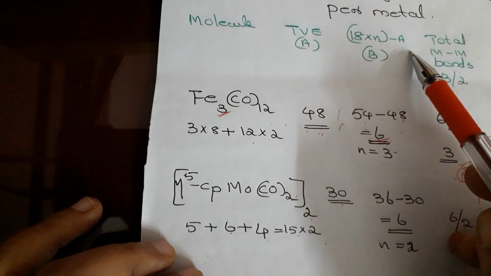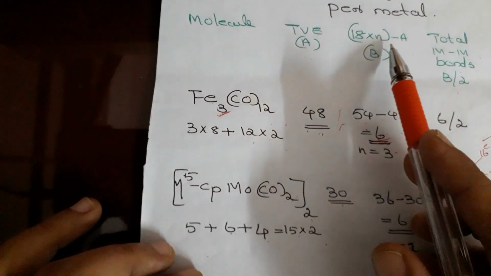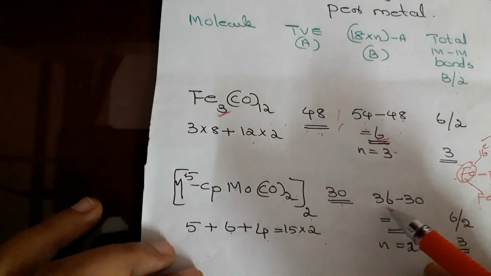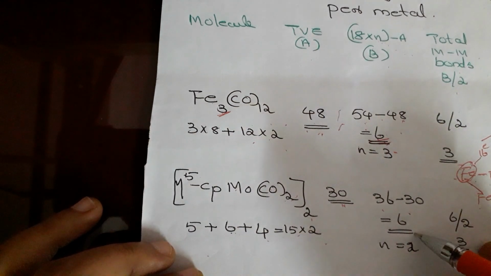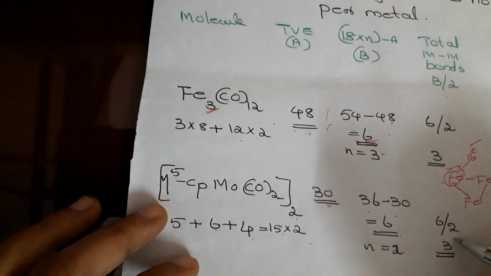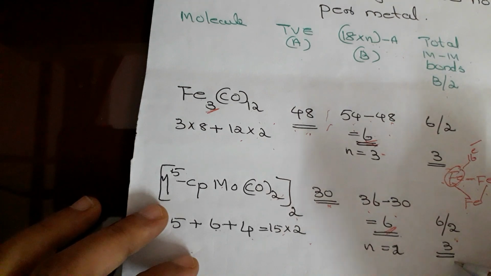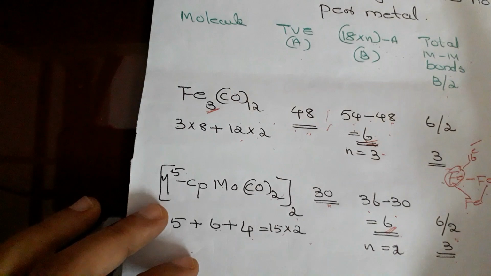Then 18 into n minus A: the number of metal atoms is 2, so 18 into 2 is 36, minus 30 is 6. Then total metal bonds is B by 2, 6 by 2 is 3. So a total of 3 metal bonds.